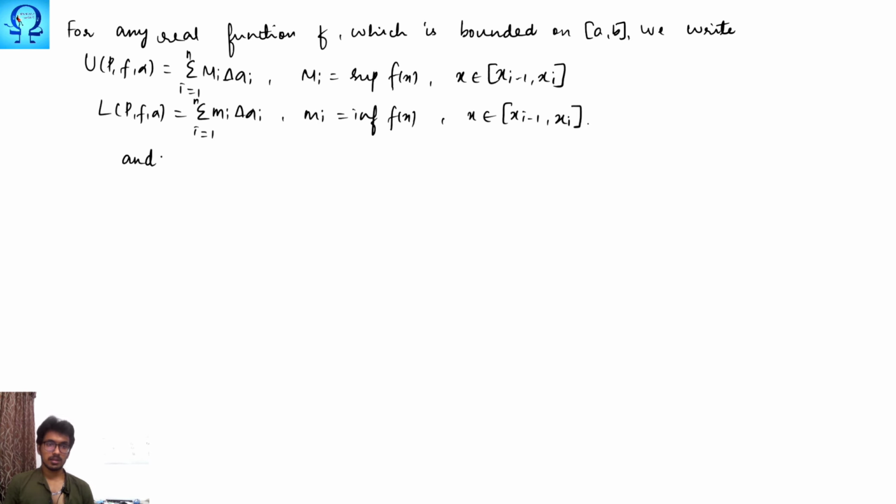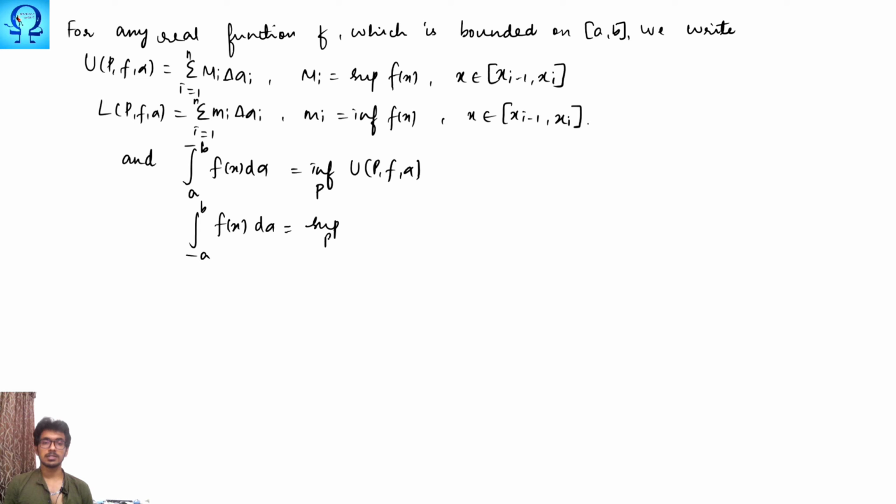And we are just repeating the same ideas. So your upper Riemann-Stieltjes integral of f(x) d alpha is the infimum of U(P, f, alpha). This infimum is taken over all possible partitions of the interval [a, b], and your lower Riemann-Stieltjes integral is the supremum over all possible partitions of the lower sum. Right? Here also the same ideas.